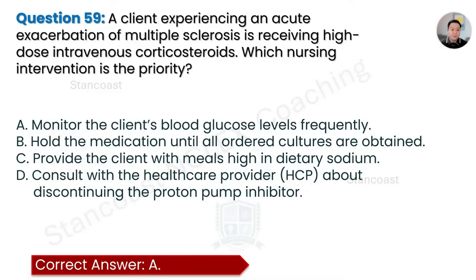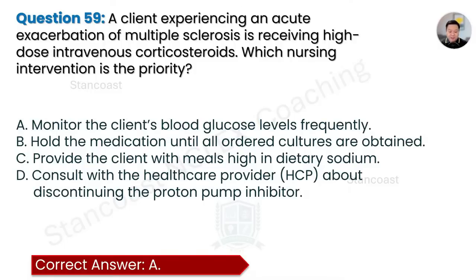And so a low sodium diet is more appropriate. Now for letter D, another incorrect answer. The steroids increase gastric acid production, so a proton pump inhibitor is necessary to reduce the risk of GI ulcers.